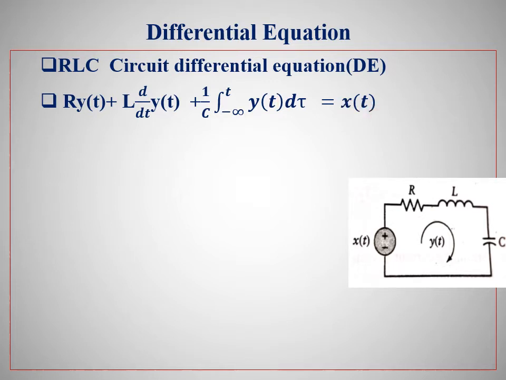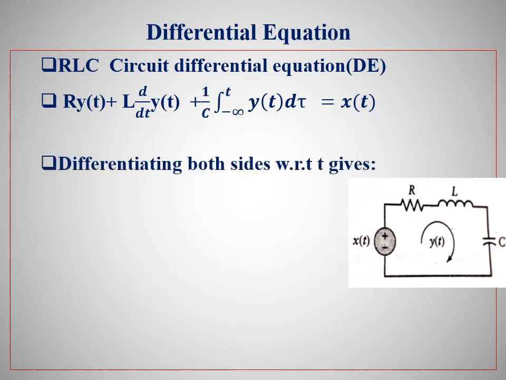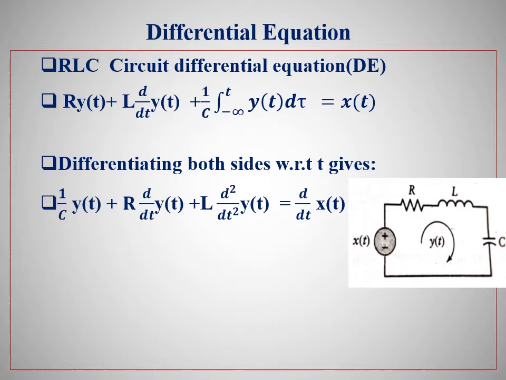However, we would like to convert it into a complete differential case. Hence, differentiating both sides with respect to t, we obtain 1/C y(t) plus R d/dt y(t) plus L d^2/dt^2 y(t) equal to d/dt x(t).